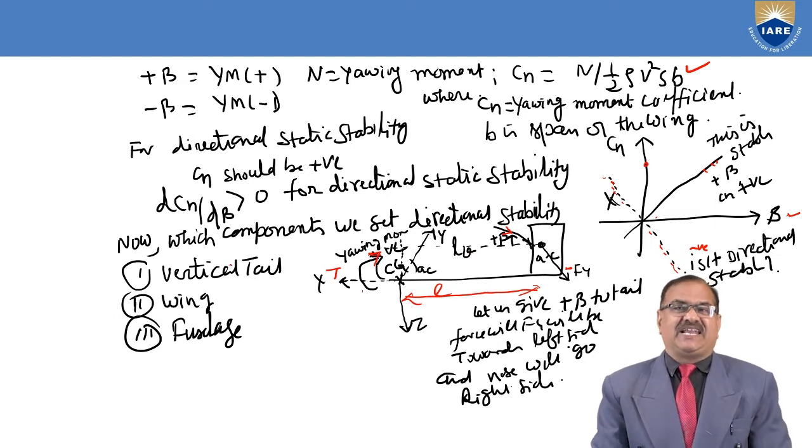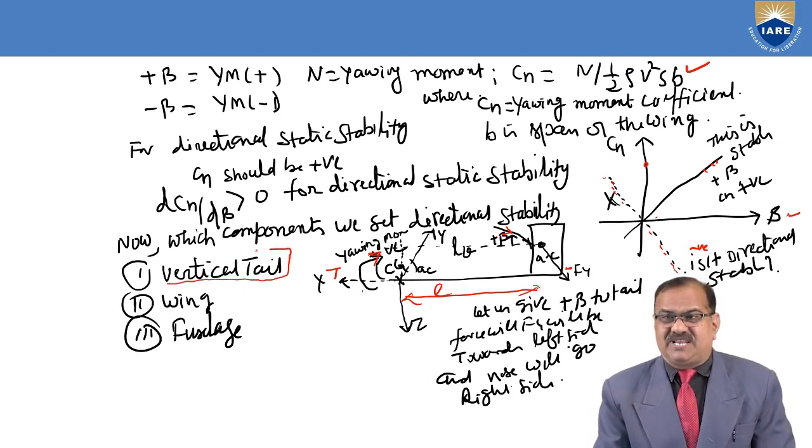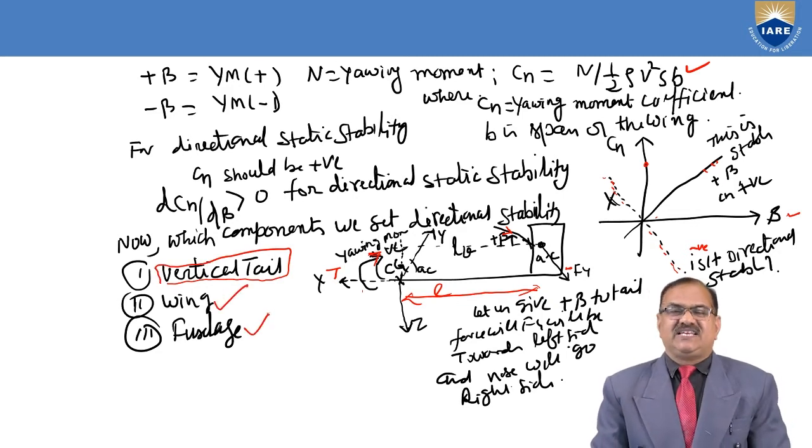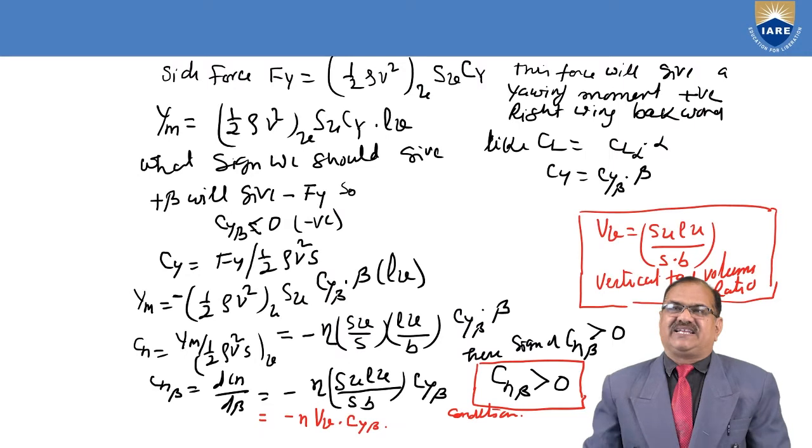A few components take part in directional static stability. The vertical tail is the primary component. The wing and the fuselage also affect it. These three parts affect the aircraft's directional static stability.